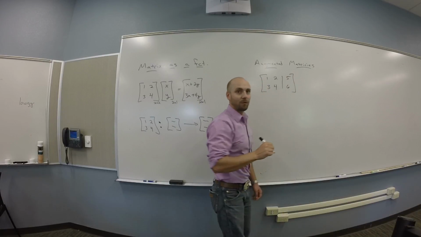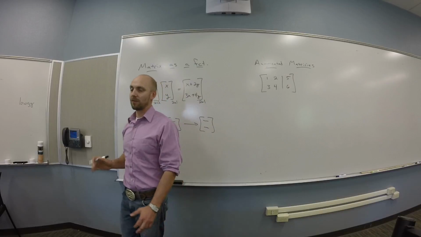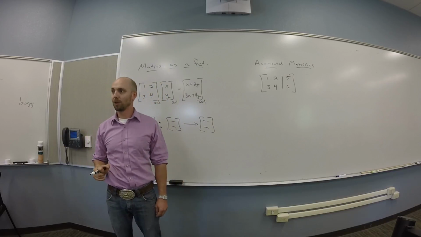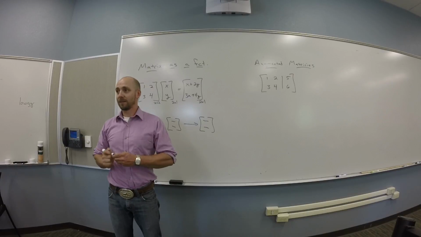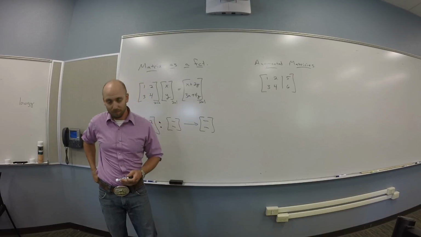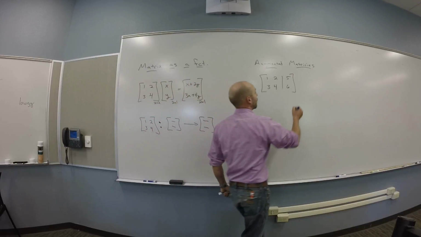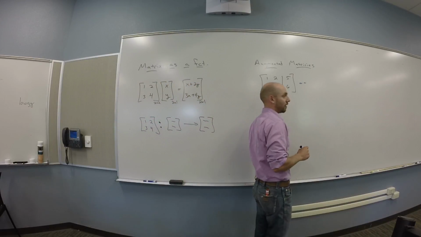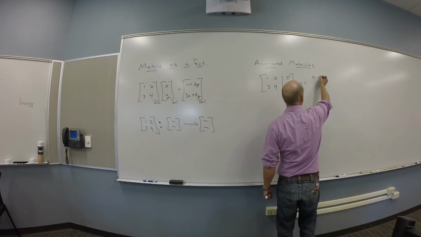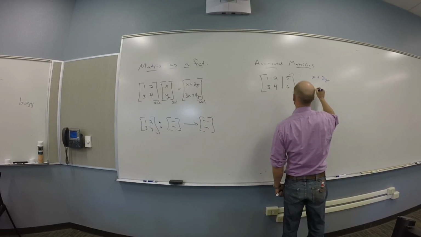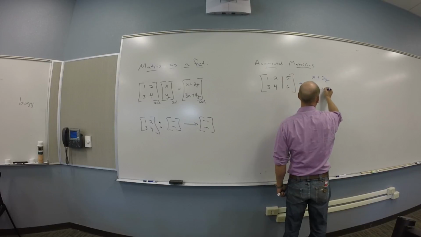Is that going to make my numbers horrible? Probably. Okay, so you'll have to bear with me because the numbers might be horrible here. What I mean by this thing, when you see one of these guys, what I want you to think is an equal sign. So I want you to think about this as x plus 2y and 3x plus 4y.